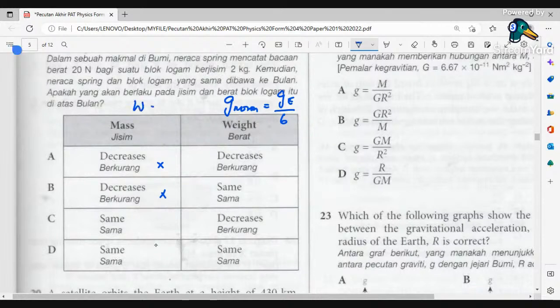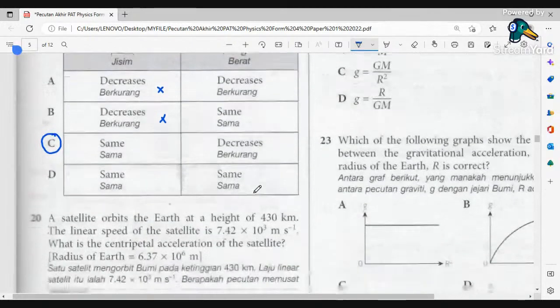Weight formula equals to mg. So if G decrease means weight also decrease. M constant. So we get mass constant, weight decrease. Okay. So you must know the difference between mass and weight.